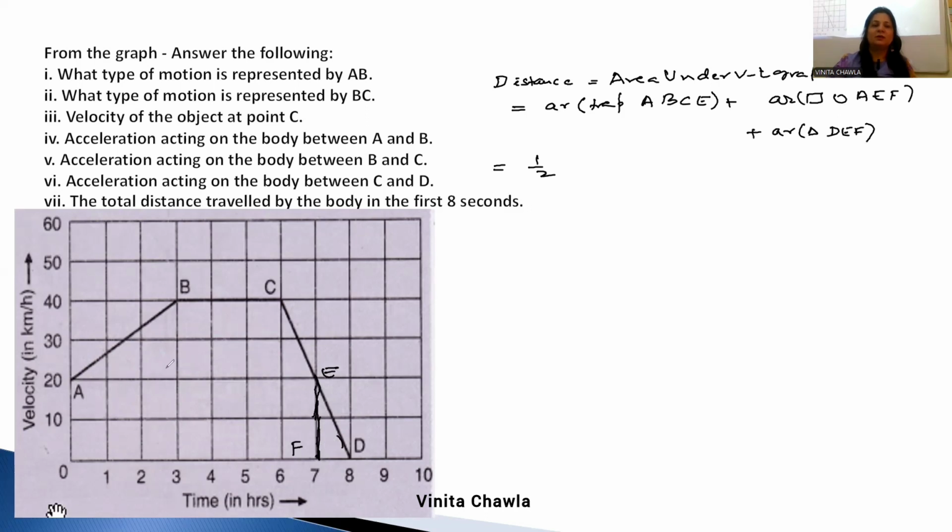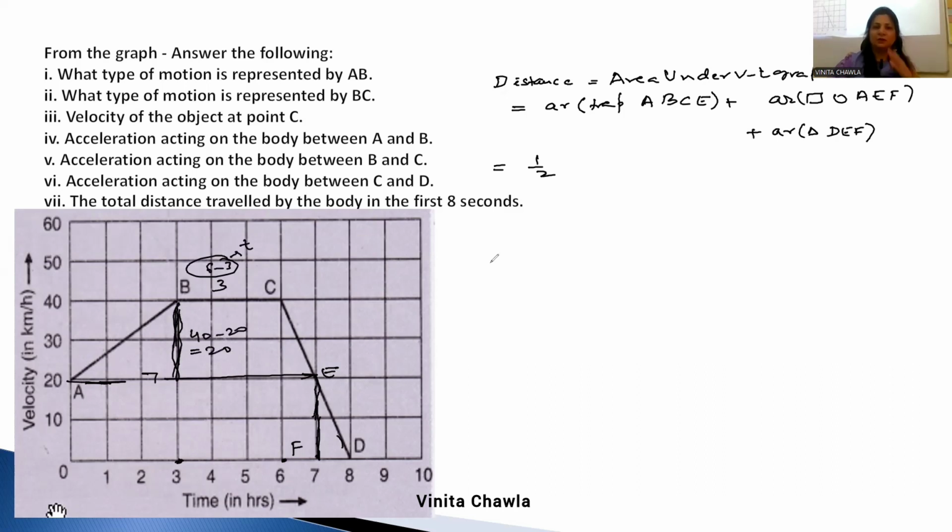Okay, so what is the length AE? It is equal to 7 hours. And this BC starts from 3 and ends at 6. So it is 6 minus 3. You can write 3 because it is 6 minus 3 on the time axis. And the distance is 40 minus 20.